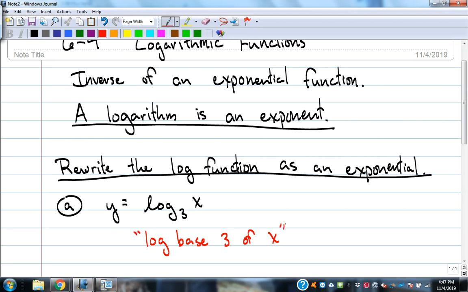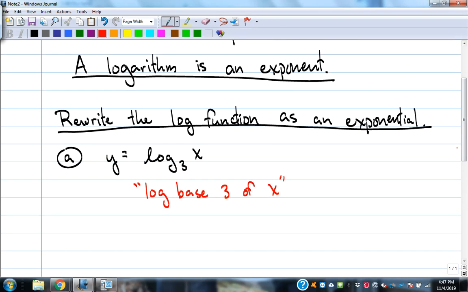Log base 3 of x. So this little number here is the base. When we talked about exponentials, we had bases on exponentials, right? So that's the same base. It means the same thing. So when we go to rewrite this as an exponential, the base of the exponential is the base of the log.